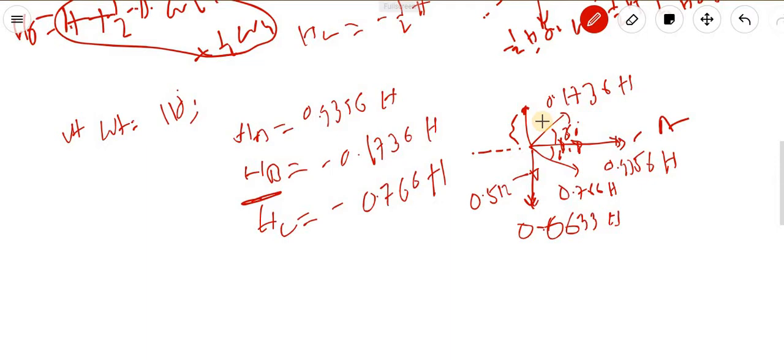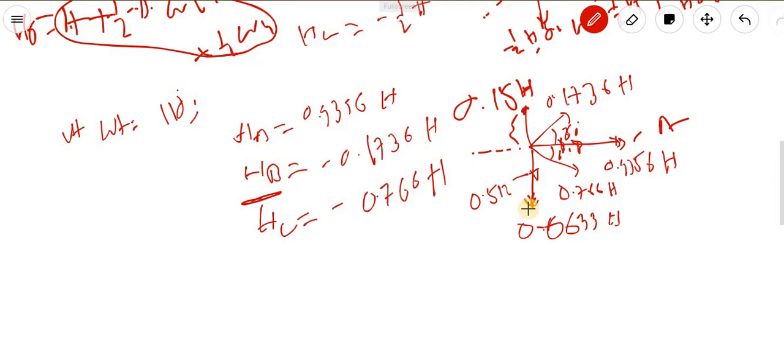0.1736 cos 90, that means sine 60 degree. So here 1.5 H in this direction, and in this way how much? For this component we are dividing into two, horizontal component and vertical component. This one horizontal, this one vertical.